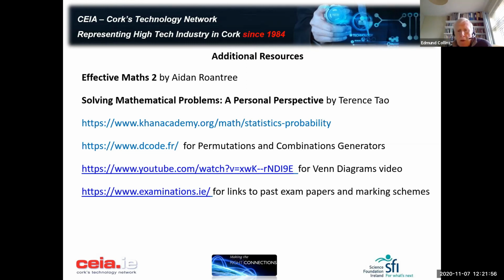What's interesting in the marking schemes is that it gives alternative ways of solving the problems. And you'll see for some of the problems or questions we looked at today off the exam papers, it gives you a number of different options. My way, the way I did it, is one way, and there may be other ways of solving the problem. So it will show you that.